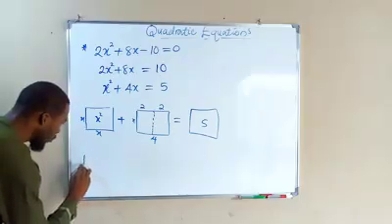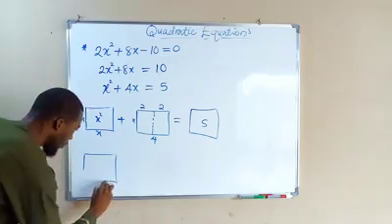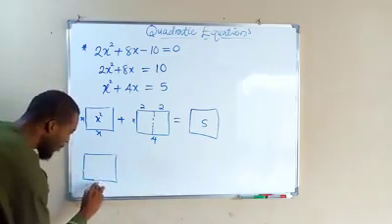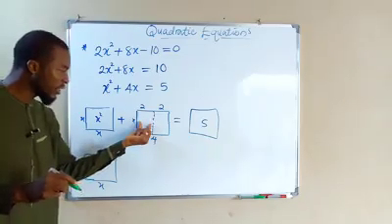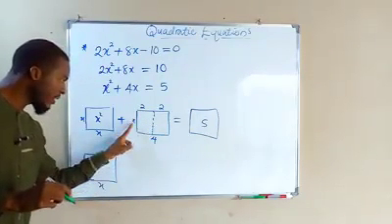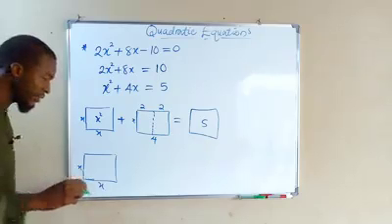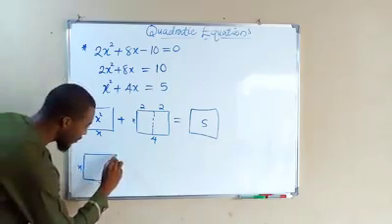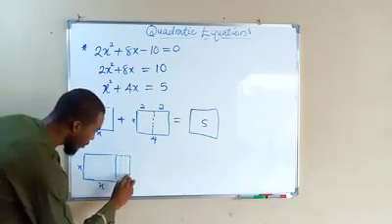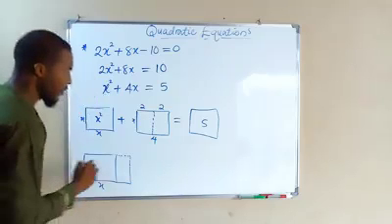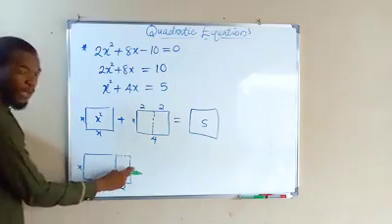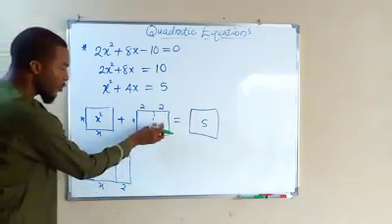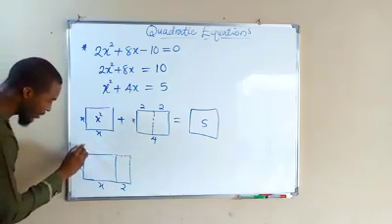Here is our square of dimension x and x. Now I want to bring this side to this side. Already they have a corresponding side of x, so I don't have to write the x. This side is now going to be 2, while this remains x. Now I want to connect this side to this side again.